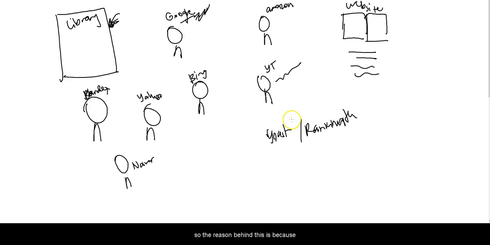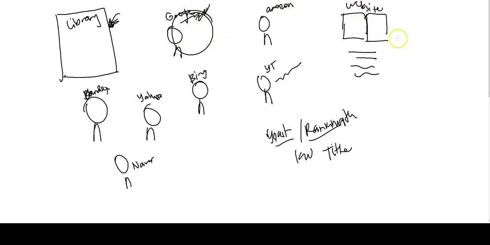If you remember, Yoast or Rank Math will usually tell you that your keyword must be included in your title. Why is that so? It's because Google tries to recommend a book if its title has the keyword that the person is looking for.